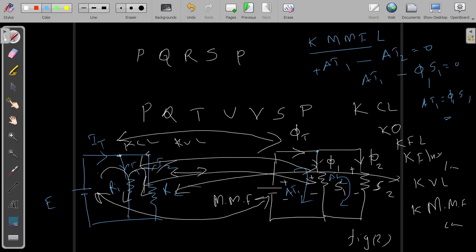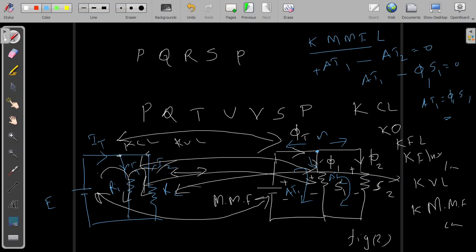That means you are identifying the node, here the node N. We have phi total in this direction, and my convention, in all the problems, is to assume all the currents are leaving the junction, leaving the node. So as per my convention, these are the directions.